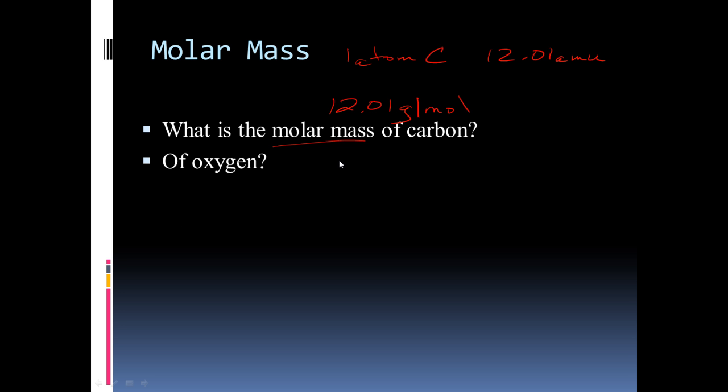So take a look and find oxygen. Give me the molar mass of oxygen. Now, you might have just written 16. What I want you to write is 16.00 grams per mole. We have talked about significant figures last semester, and it's important to include those 2 zeros on the end because those zeros are significant.